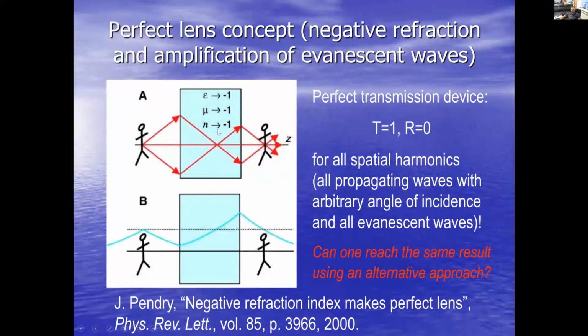In this material, you can have negative refraction without any reflections, and you can have amplification of evanescent waves, as you can see over here. So as a result, if you place some source next to such a lens, you can get in the plane of the image exactly the same distribution of the field as it was in the plane of the source.